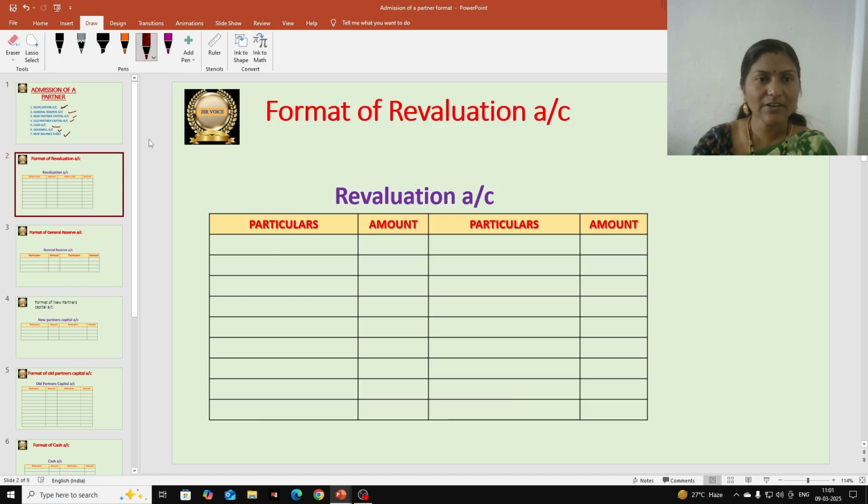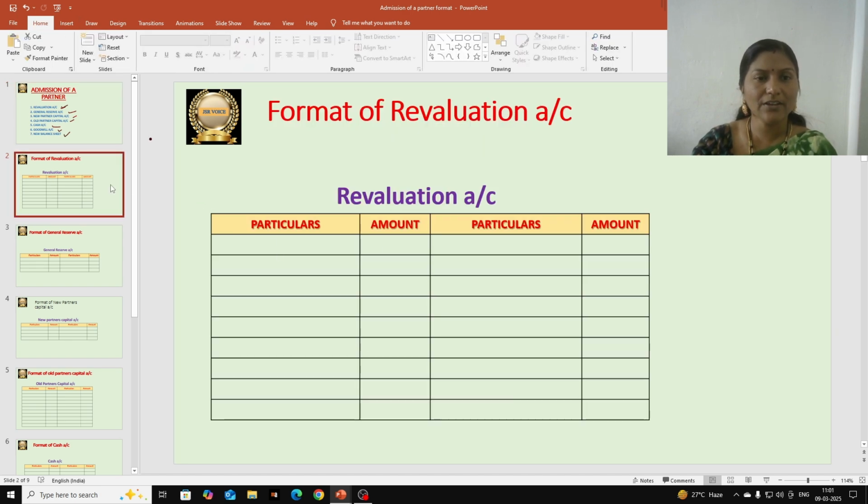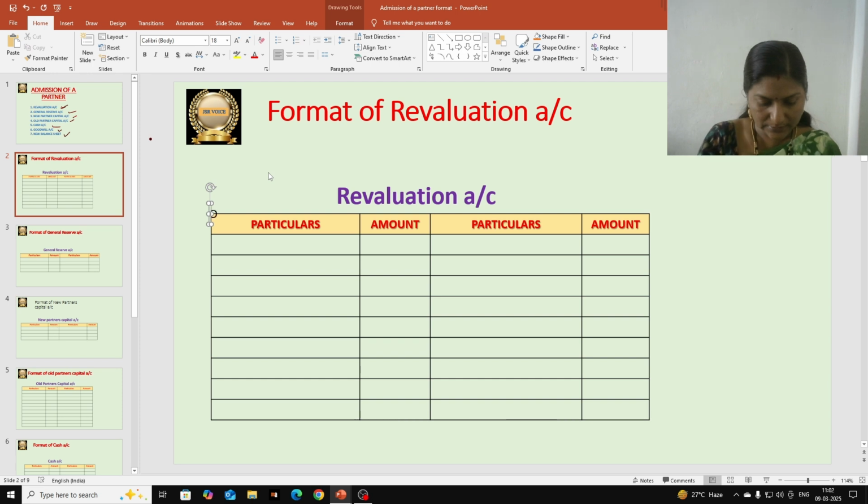So this is a revaluation account, students. In case of revaluation account, we have to draw columns: particulars, amount, particulars, amount. On the debit side, we have to write a few items, and on the credit side, we should write a few items.